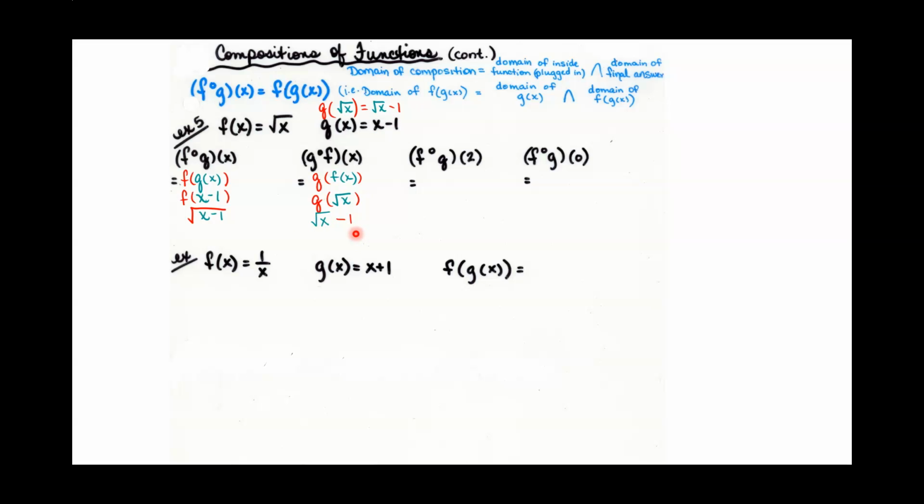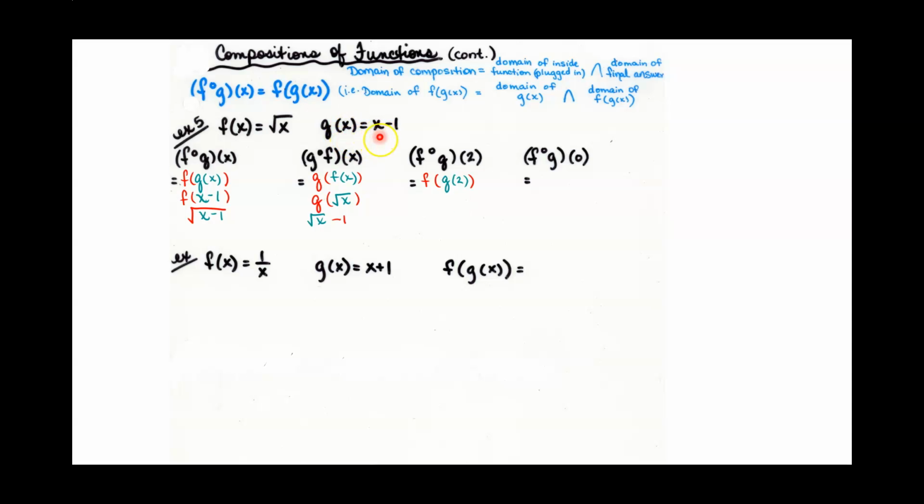We can do compositions with values as well. So if we had f of g of 2, let's start with finding g of 2. You can literally just put your finger over the f for a second and focus on g of 2. So g of 2 tells me to put 2 in the place of x.